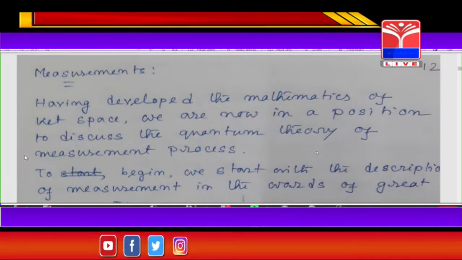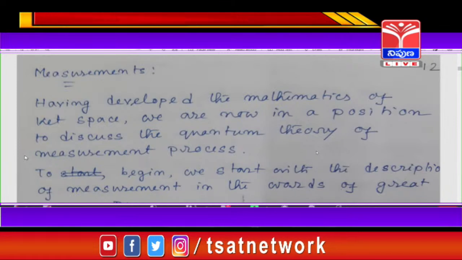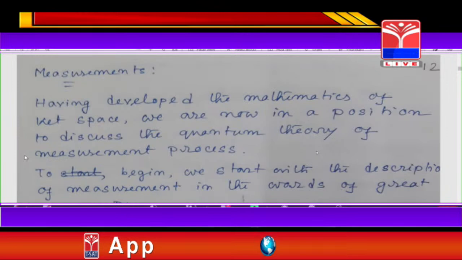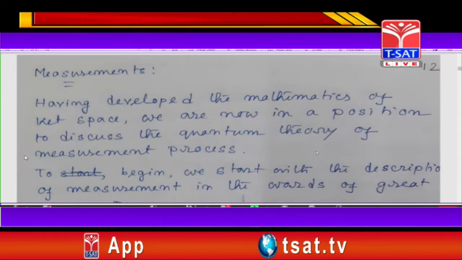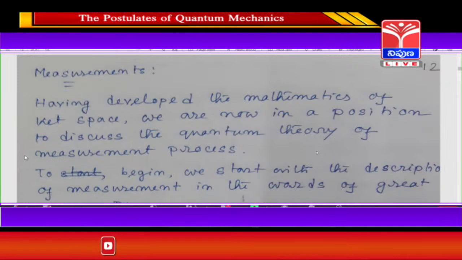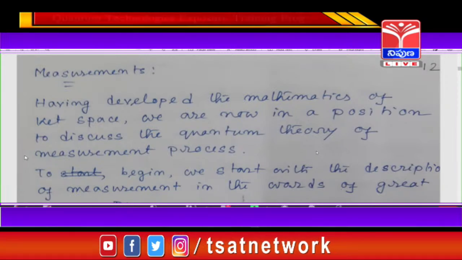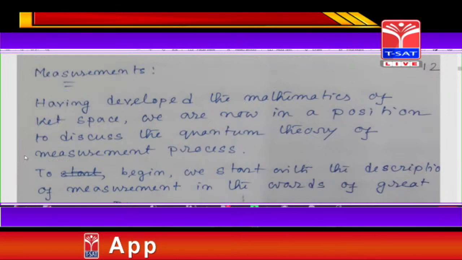Now, how do we extract it? We need to do some measurements, some operations over those quantum mechanical states. These measurements have certain rules. This is not like classical, and is again different from classical mechanics. Through this observation, we can take the information out of the ket vector.